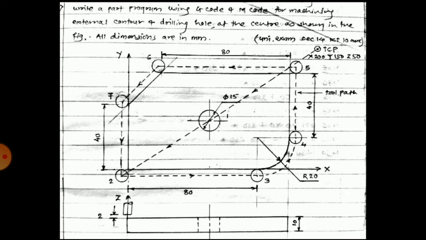So moving the tool in a vertical direction, for drilling or for contouring operation, the vertical feed is given, and after dipping the tool at point 2, you have to move the tool from point 2 to 3, 3 to 4, 4 to 5, 6, 7 and 2, so that is the horizontal feed.